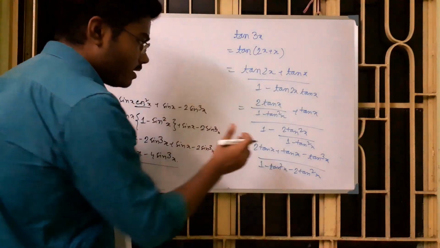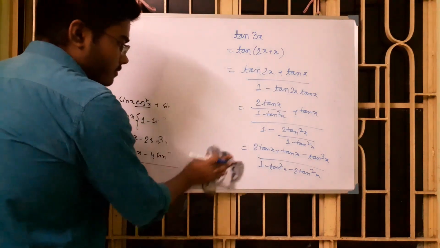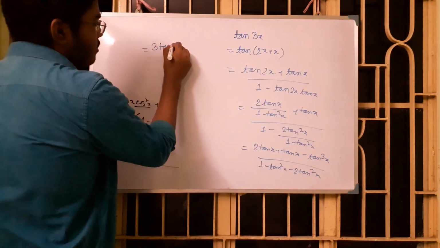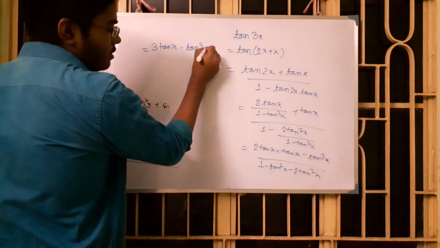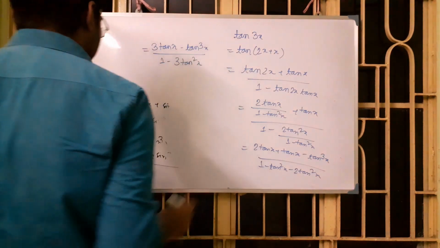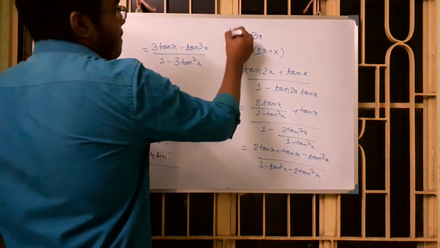Okay, and we have already cancelled that part, and now this is equal to 3 tan x minus tan cube x upon 1 minus 3 tan square x. Okay, this is the value of tan 3x.